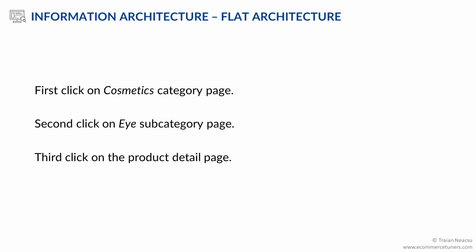Let's look at the scenario of a direct visit to your homepage. To reach a product detail page from the homepage, a user will have to perform the following actions. The first, click on the Cosmetics category page. The second, click on the I subcategory page. The third, click on a product details page. If no external links point directly to that product details page, search engines will find its URL in a similar way to users.